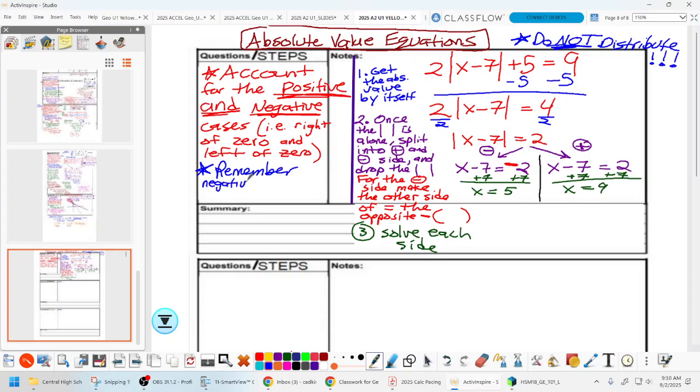Negative is also known as opposite of. The reason we're writing that is if it already says a negative number, some students just leave it and they're not like, oh, I have to take the opposite of that. Okay? Anyway, split it into the opposite and the regular case and then solve like normal.